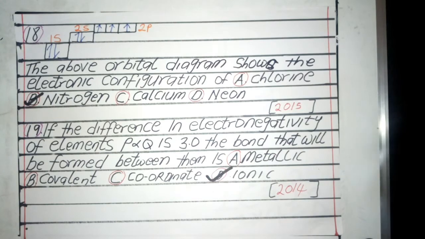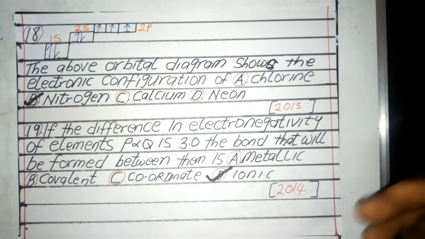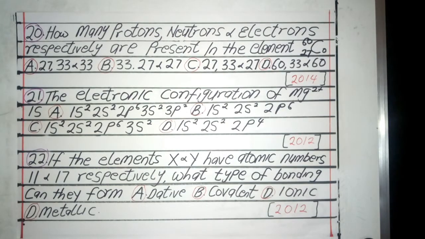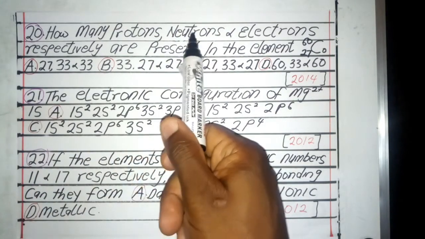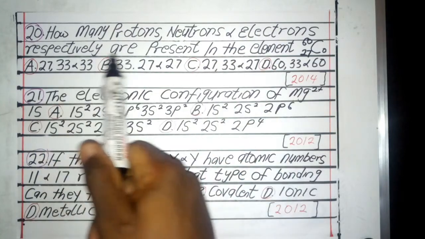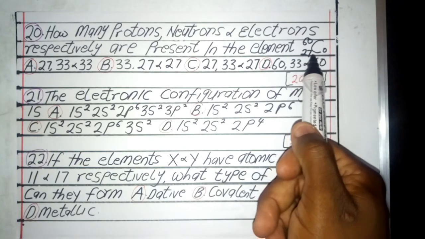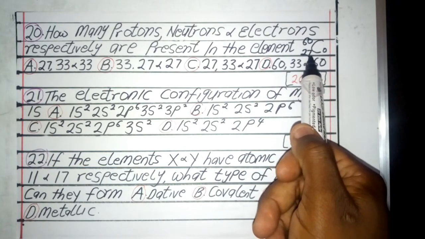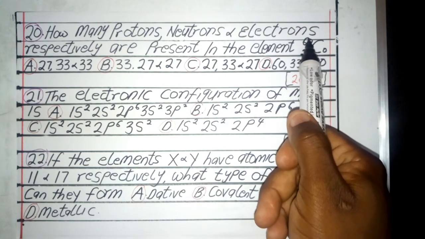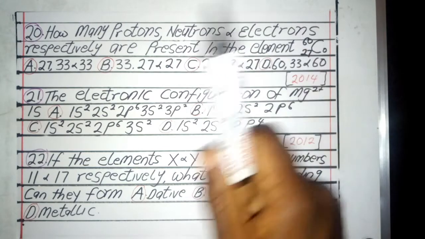Take note of the years for each of the JAMB questions; I put the years. Alright, number 20. How many protons, neutrons, and electrons respectively are present in the element? This is cobalt. The atomic number is 27 and the mass number is 60.